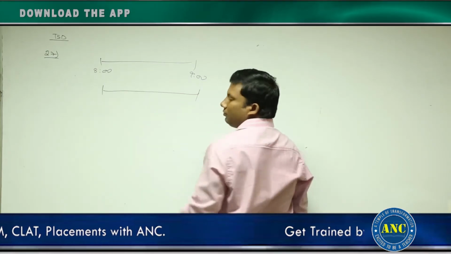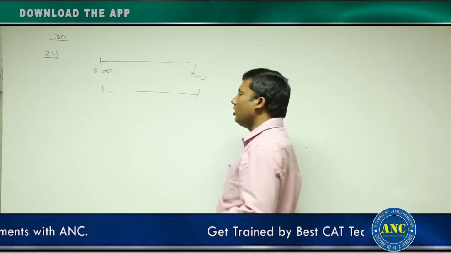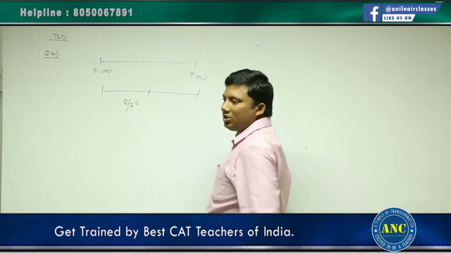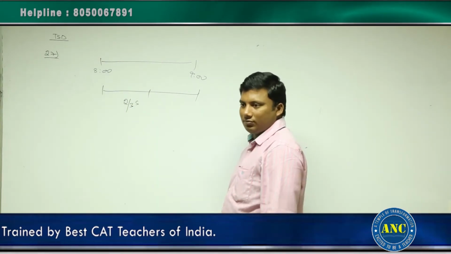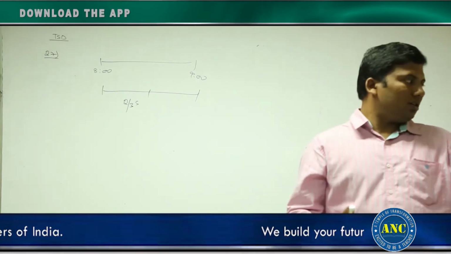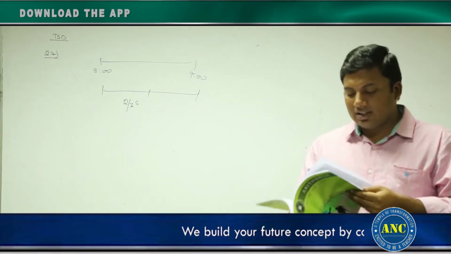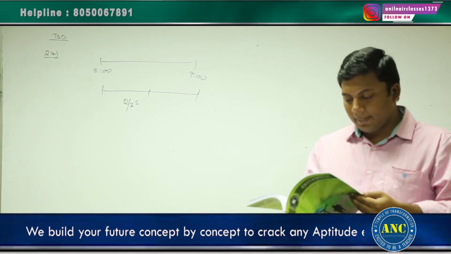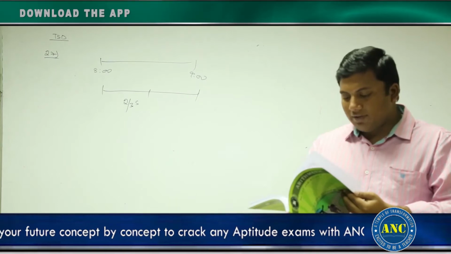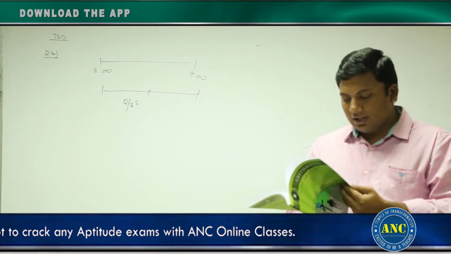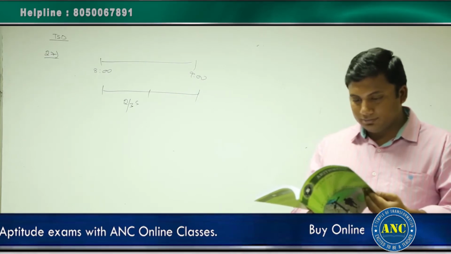But he travels at 2/3 speed, which is a decrease. Okay, I'll just read the question for you so that it will be very clear. Half the distance he travels at 2/3 speed instead of normal speed. Now, I'll just read the question for you.